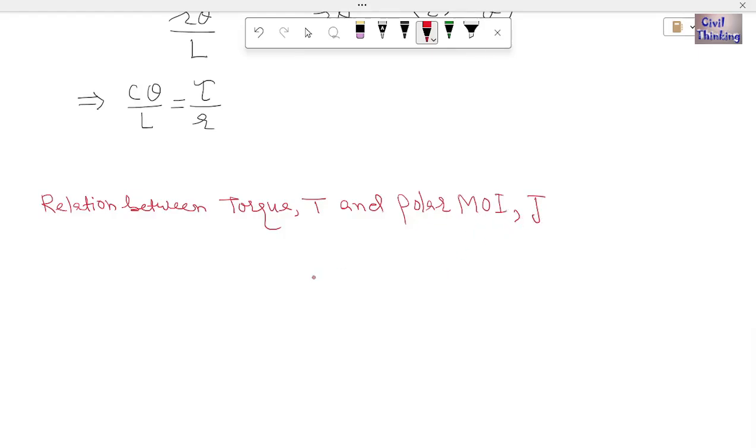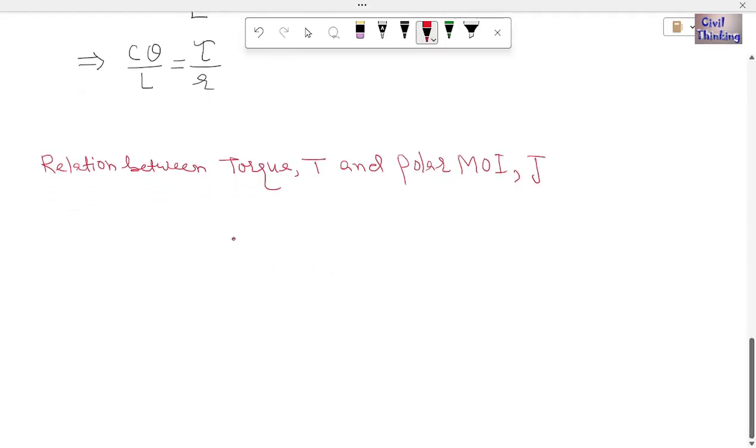The polar moment of inertia of a solid shaft is given by pi r^4 divided by 2. I will provide the link in the description about where that came from, so you can watch it from there.